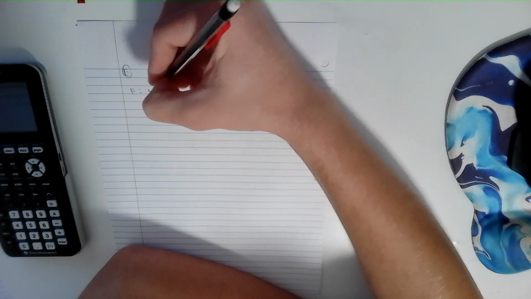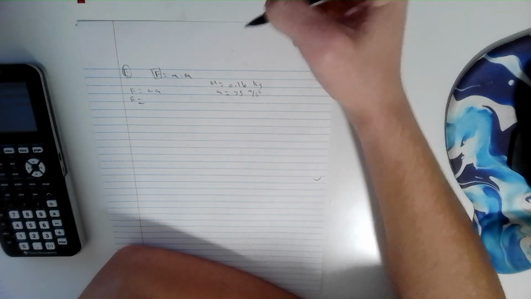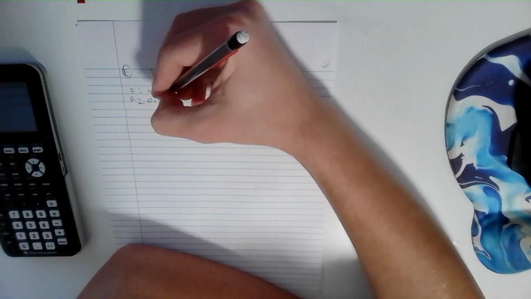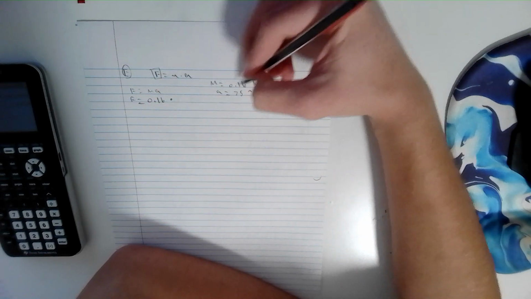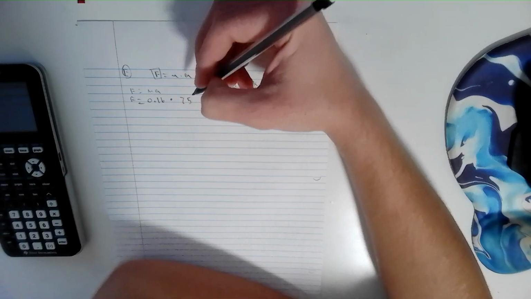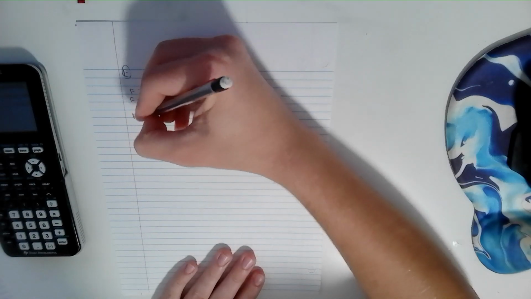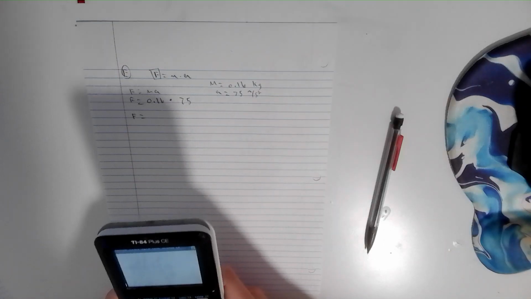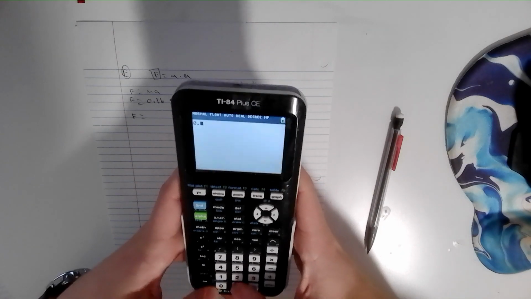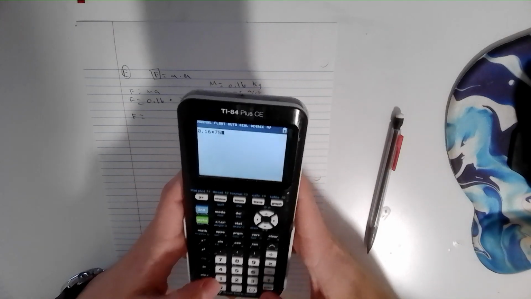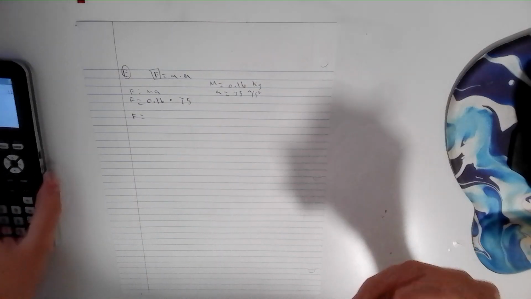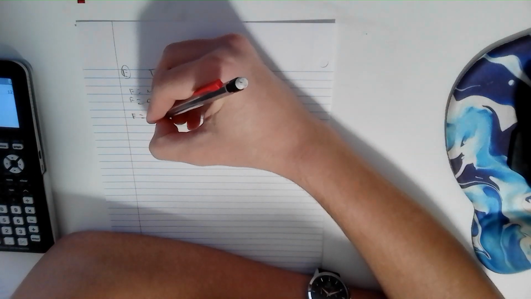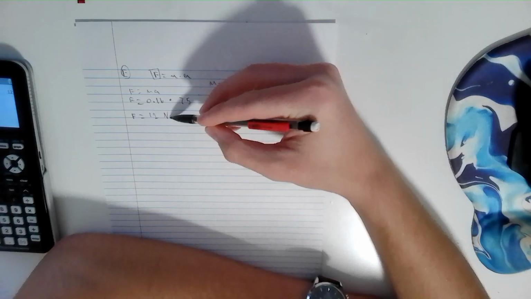We're just going to plug it in. So F equals m times a, F equals 0.16 times 75, which equals 12. So F equals 12, and force is always in newtons.